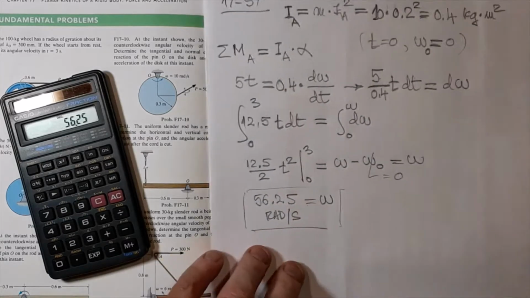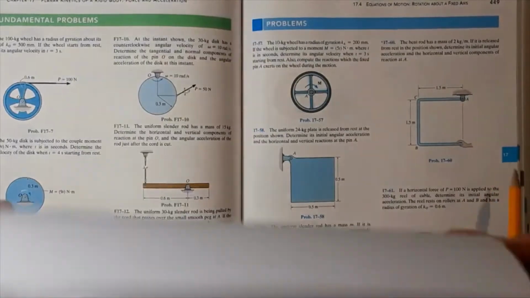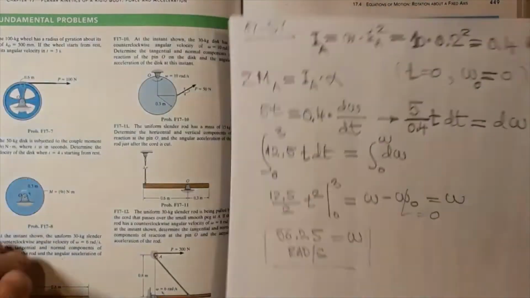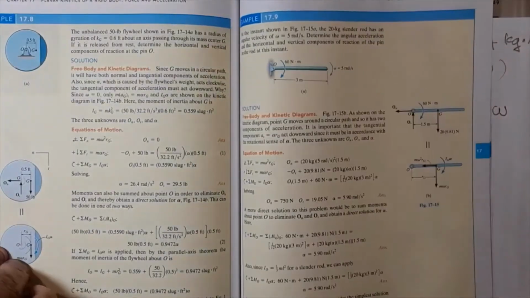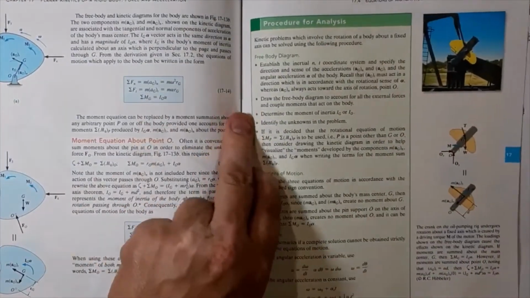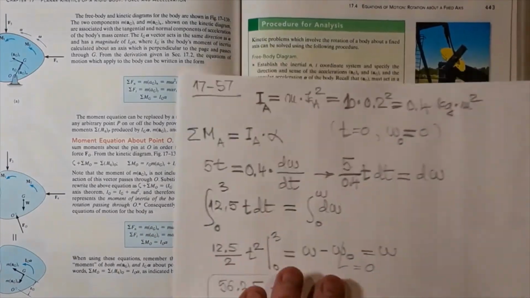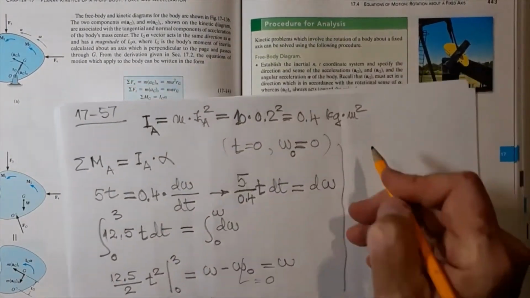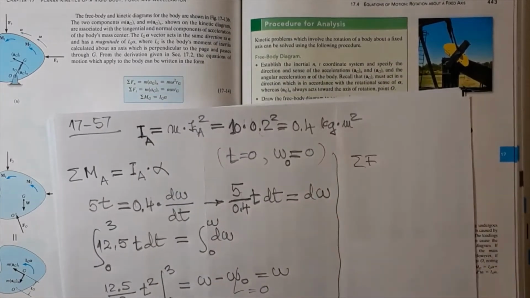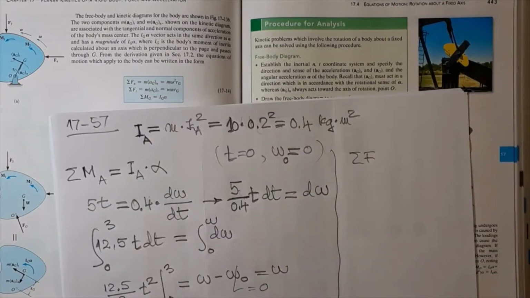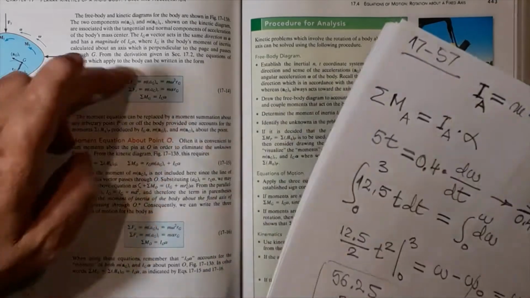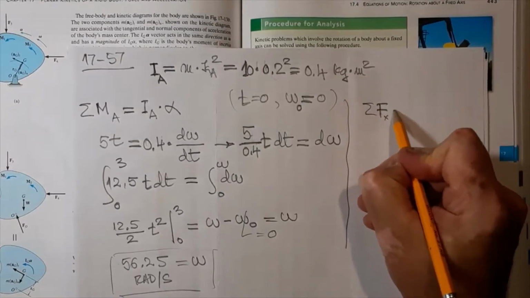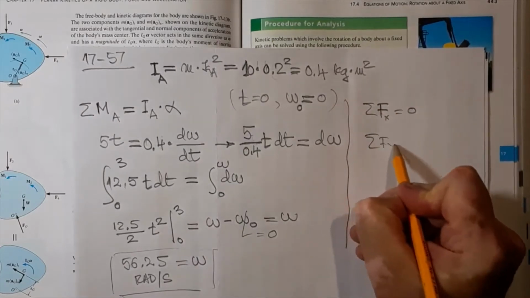Now for the second part, what are the reactions at the support, at the pin joint? We're using the force equations in equation 17-14. Since the center of mass is not accelerating, we're going to have just static equations. It says normal and tangential, but we're going to say the sum of forces in the x direction equals 0, and the sum of forces in the y direction equals 0.